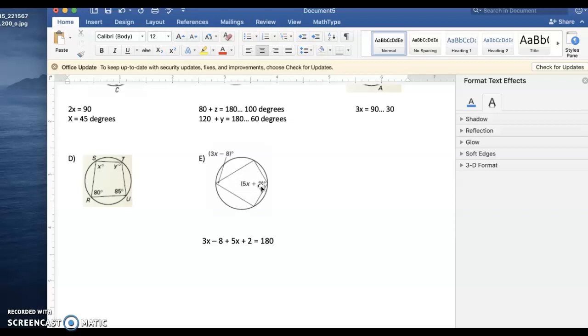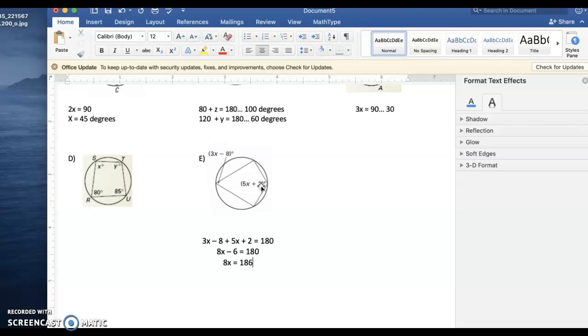We are saying that they add up to 180 degrees together. So then we want to combine like terms, and we'd have 8x minus 6 is equal to 180. I hope everyone's somewhat following along with what I'm doing here. Then we would add 6 to both sides, so we would have 8x is equal to 186.